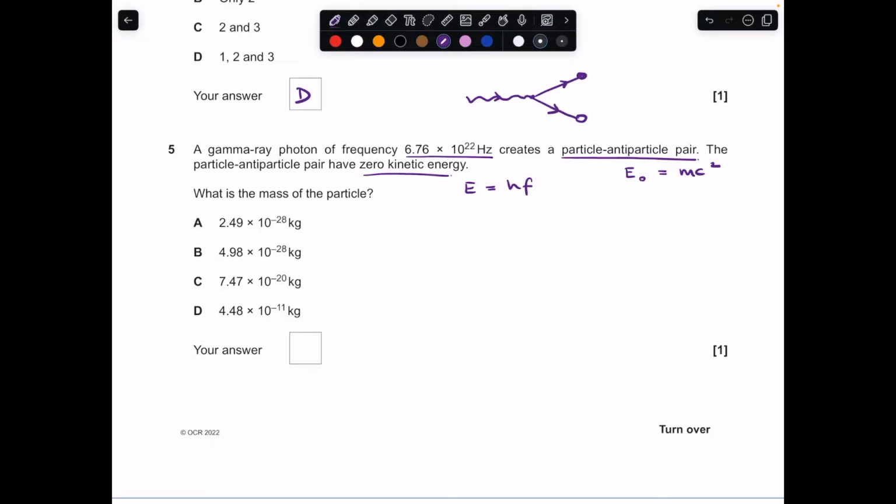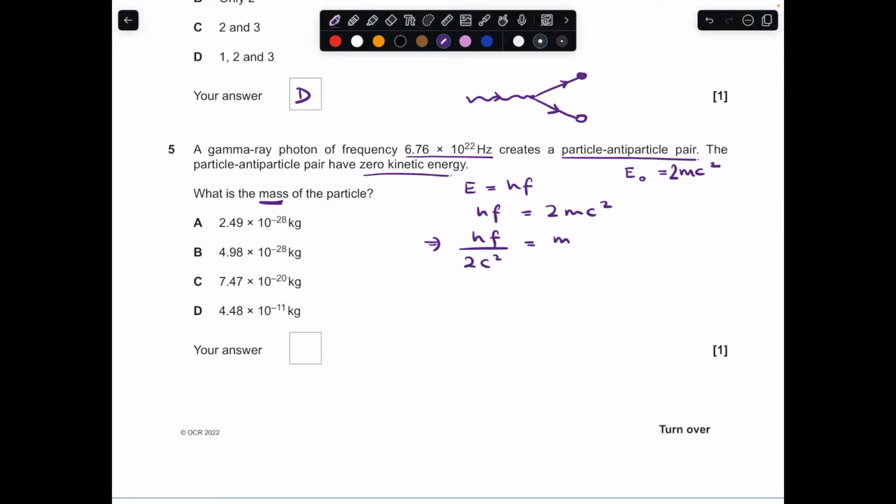Because there are 2 particles being produced, you have to put a 2 in front. Because they are particle and antiparticle, they have the same mass, just opposite charge. So if we equate these two, hf equals 2mc squared, we can obtain the mass of the particle by simply dividing by 2c squared.